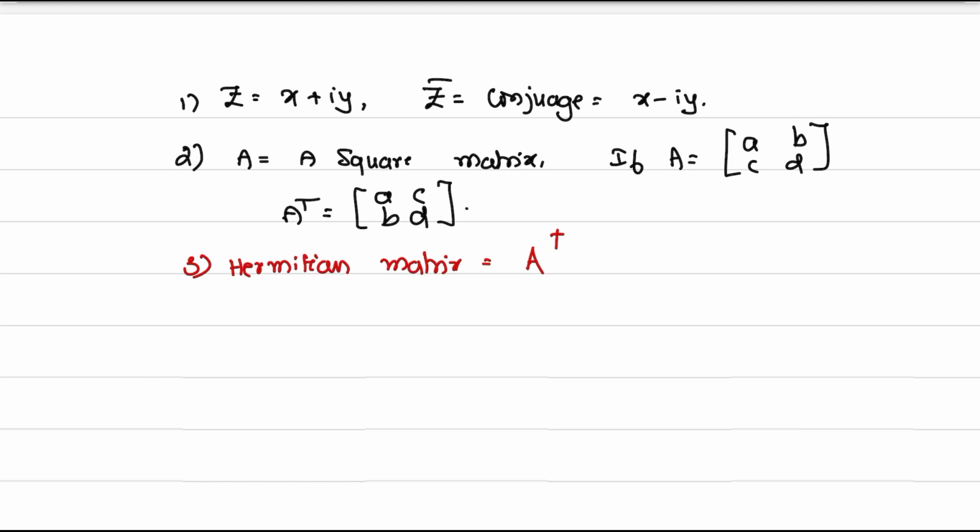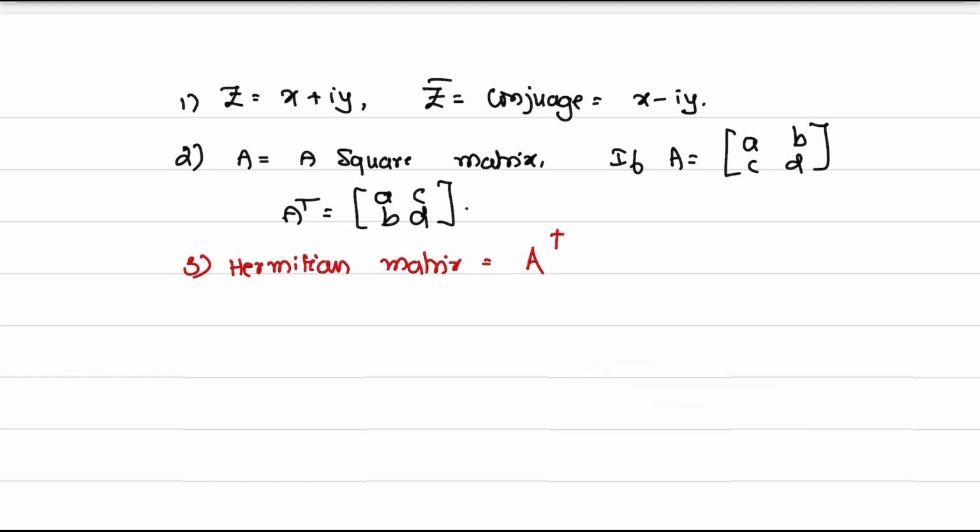This Hermitian matrix is defined if a square matrix is such that the conjugate transpose is equal to A, then that is defined as the Hermitian matrix.